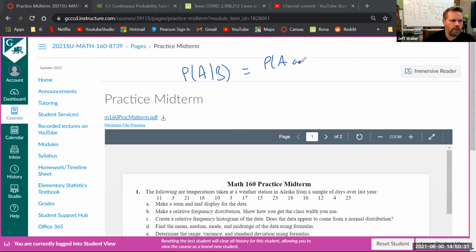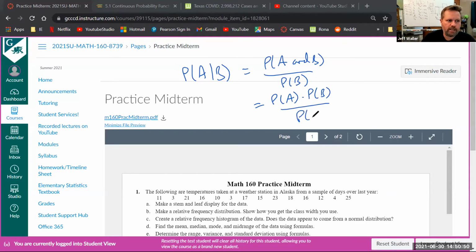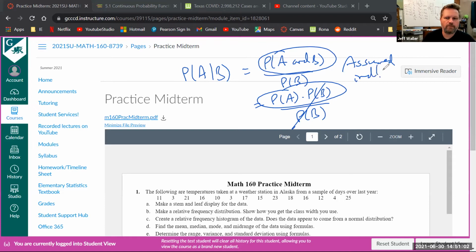Way too many of you keyed in on me saying and means multiply. And you forget that it's not always just straight up multiplication. What a lot of you are doing is this. I have made a gigantic assumption here. To go from here to here, I have assumed independence. If I don't know that they're independent, I can't do that.